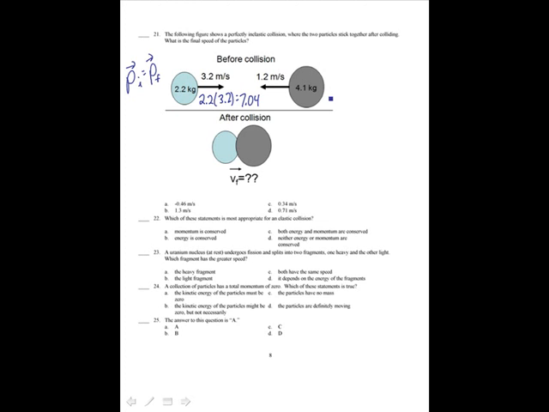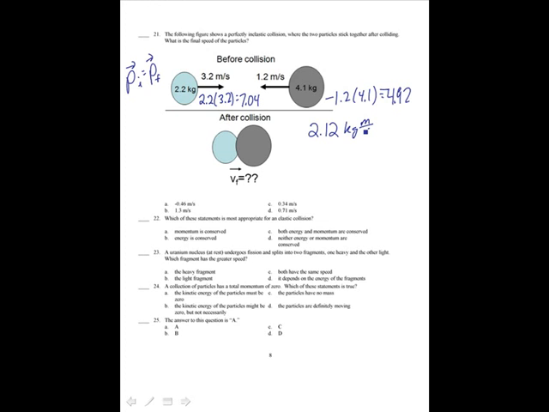And the momentum of this one is negative 1.2 times 4.1, which is negative 4.92. So the total momentum of these two is 2.12 kilogram meters per second. That is 7.04 minus 4.92, which is 2.12.